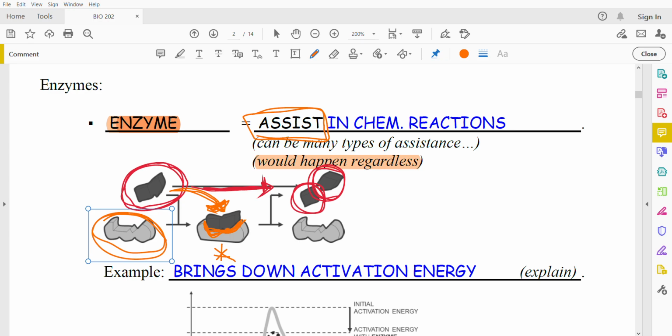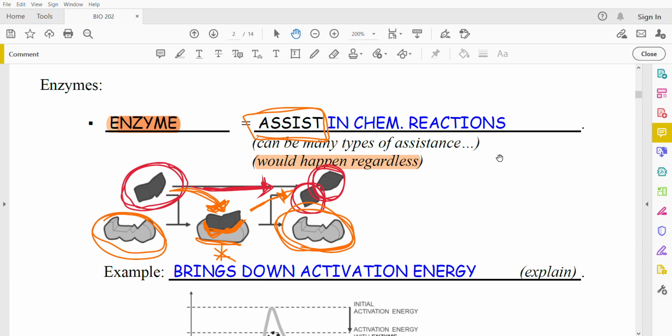If you pay attention to this bottom part of the enzyme. And once the enzyme has assisted in making this reaction happen, the enzyme returns to its exact original shape. So the enzyme is not spent as part of this process. The enzyme can be reused time and time and time again. So the enzyme really does not get used up as part of these reactions.